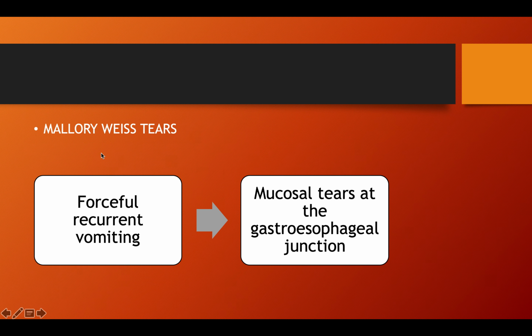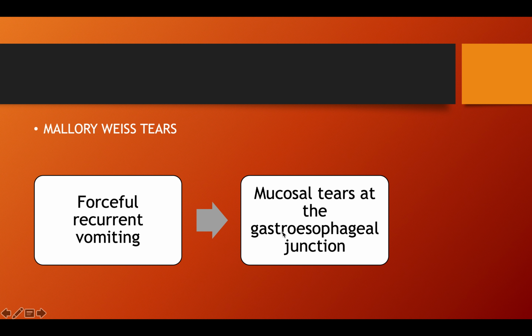Going to the next one, this is a rare one, and I don't think they ask much, but just to remember if you can. They're called Mallory-Weiss tears. Now, what happens is when the patient, due to some condition, has forceful recurrent vomiting, he constantly vomits. And one of those conditions is bulimia, where the patient constantly vomits.